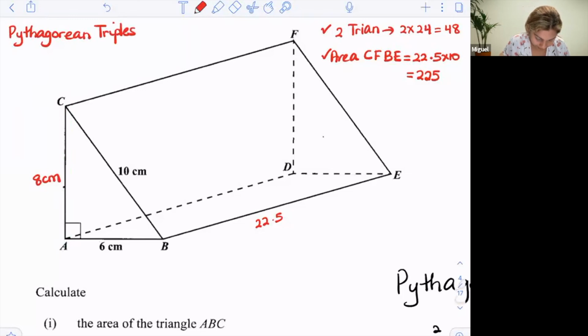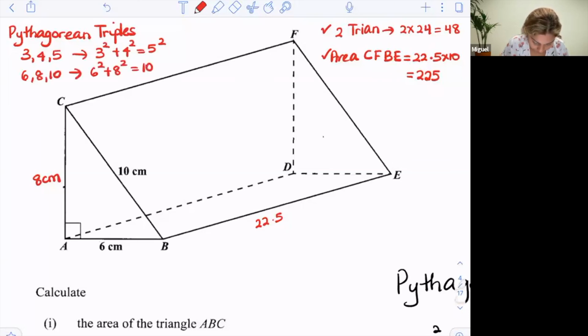are 3, 4, 5 because 3 squared plus 4 squared is 5 squared. 6, 8, 10 because 6 squared plus 8 squared is 10 squared. 5, 12, 13 because 5 squared plus 12 squared is 13 squared.